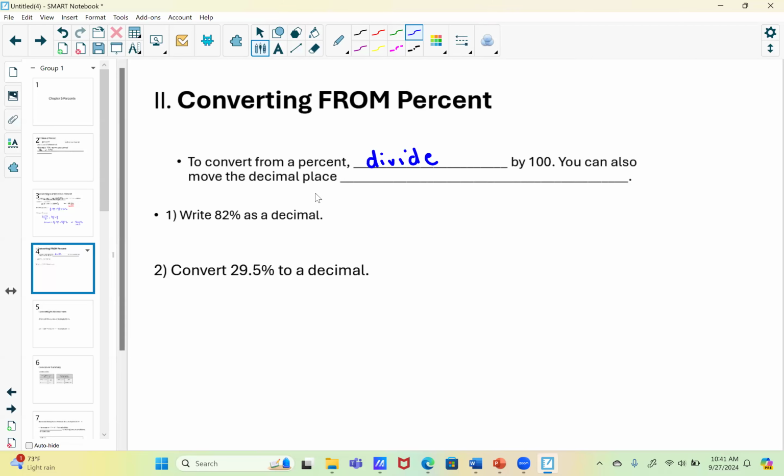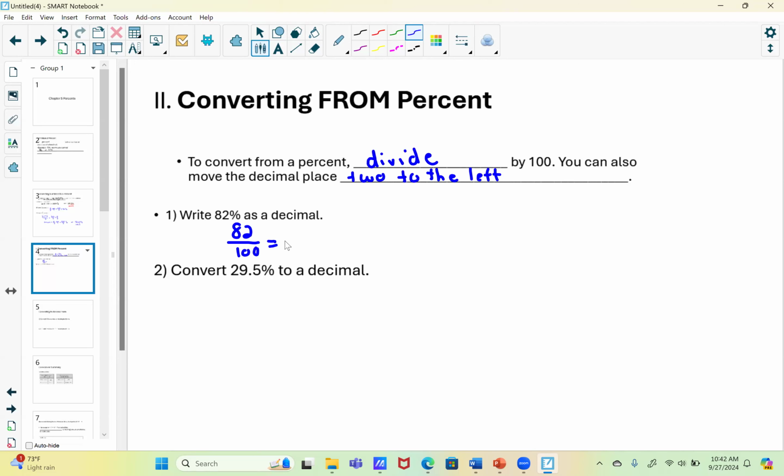Dividing by 100 is the same thing as moving the decimal place to the left. So anytime I want to change something out of a percent to a decimal, I take that number and divide by 100.